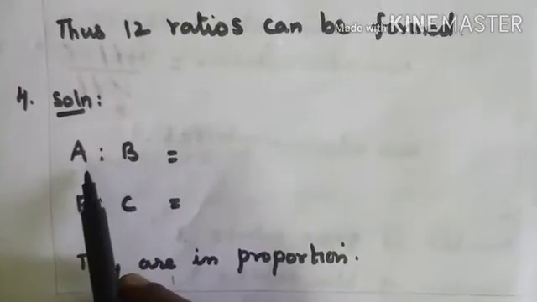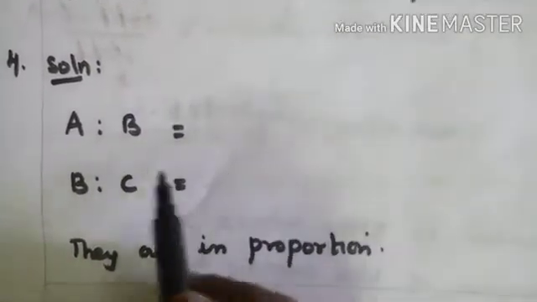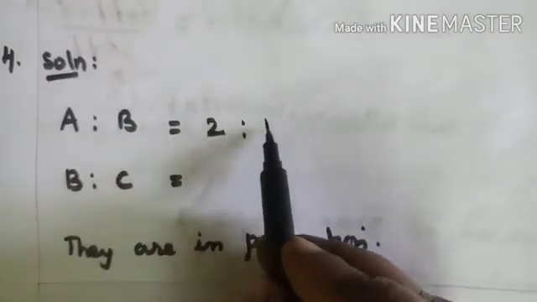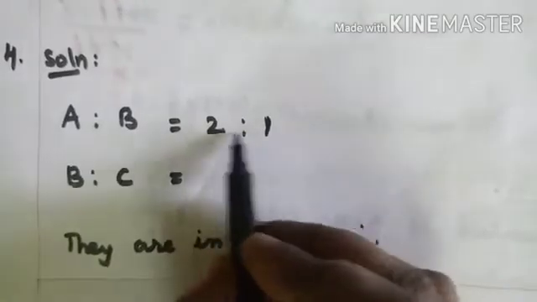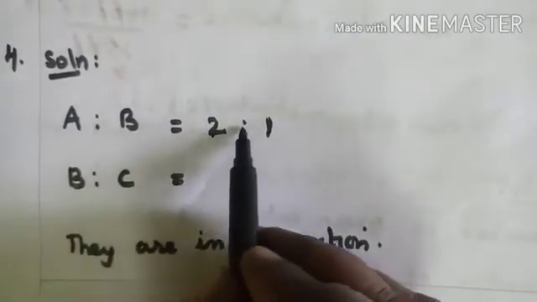So first solution, A is to B. A gets double of what B gets. Therefore, A gets double. Therefore, 2 is to 1. So when we are taking for B 1, A gets double. So 2 is to 1.